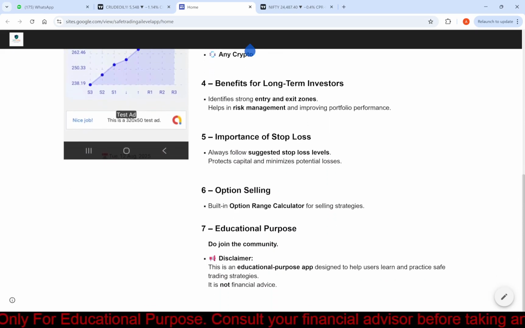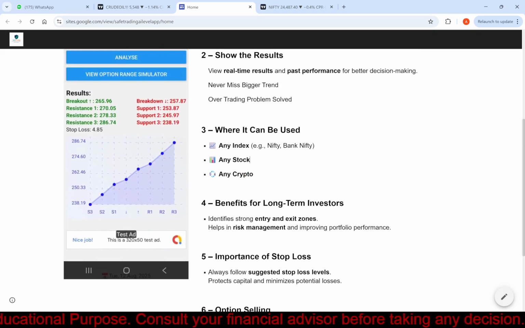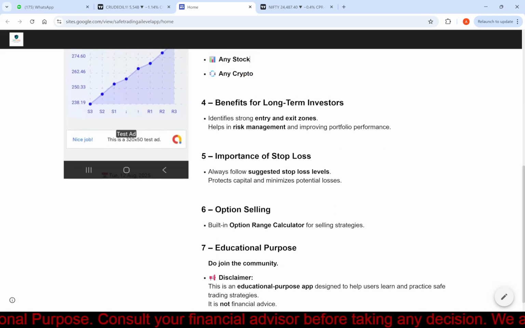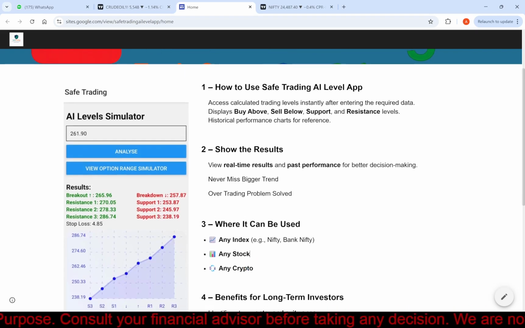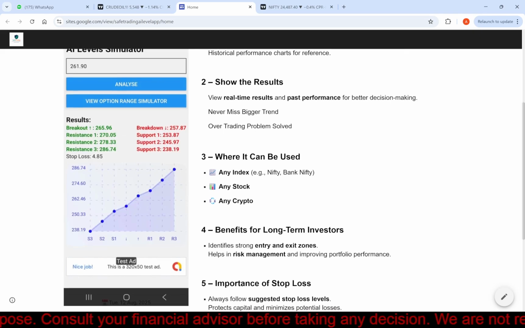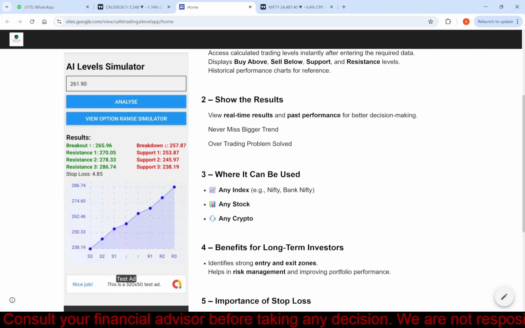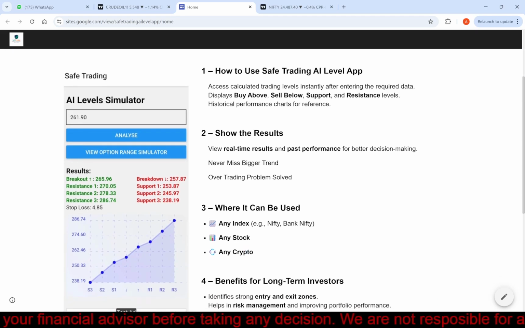So it's a purely educational app. It will help users to learn and practice safe trading strategies, but it's not advice or a recommendation to anyone. Okay, it's not financial advice. So it's a totally educational, free app. So the risk is yours, the profit is yours, the stop loss is yours, the mind is yours, right? So all of this is up to you. You need to use it properly.